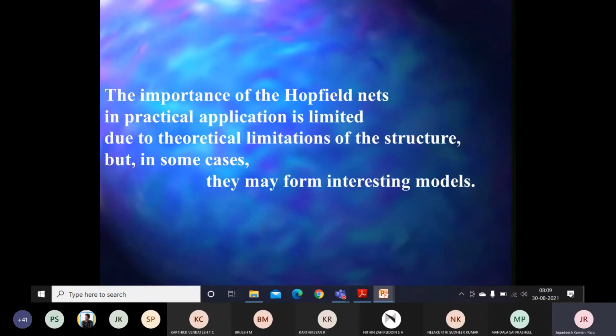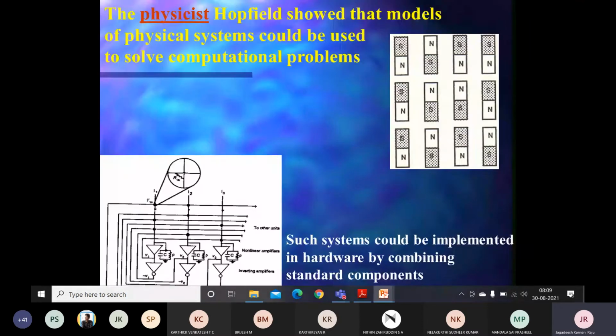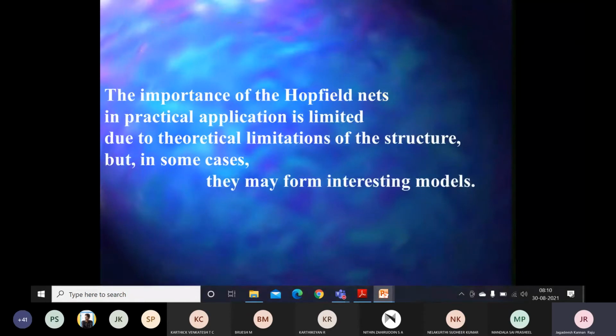The importance of the Hopfield network in practical applications is limited due to theoretical limitations of the structure. Why? Because for a simple system, the structure seems to be simple. If you deal with a complex system or complex computational problems, the structure may be complex or clumsy in nature.